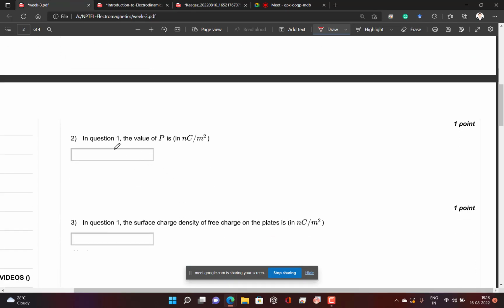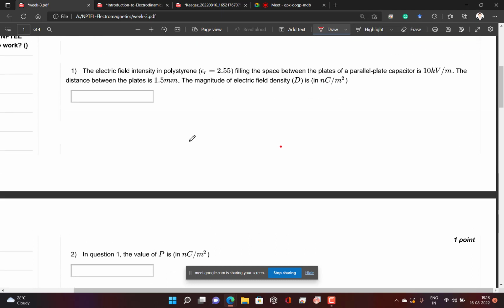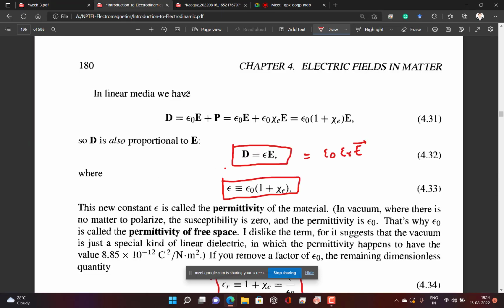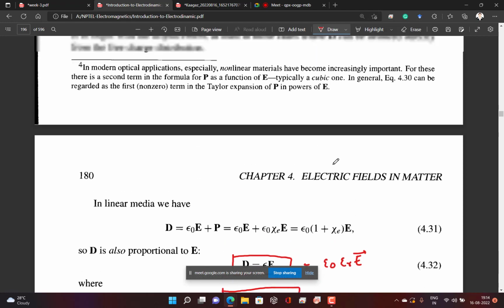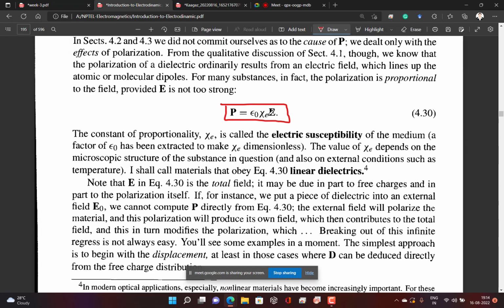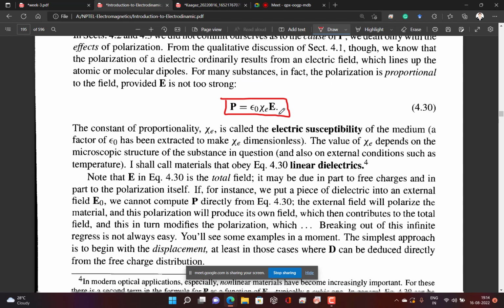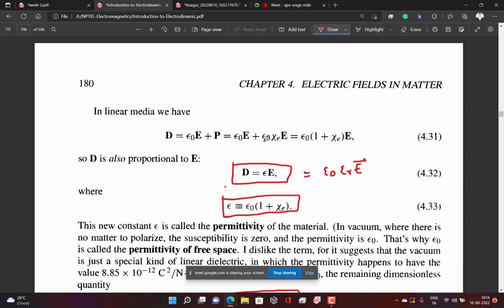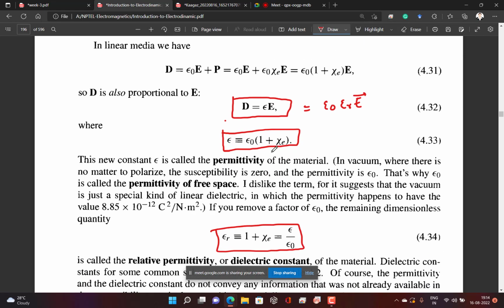In question 1, now you have already found the value of D. Now the value of P can be written as epsilon naught chi e times the electric field intensity, and epsilon can be written as epsilon naught times 1 plus chi e.